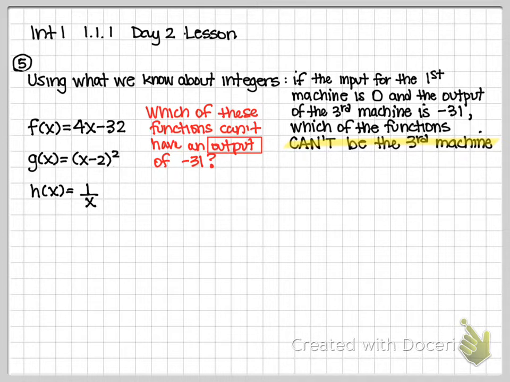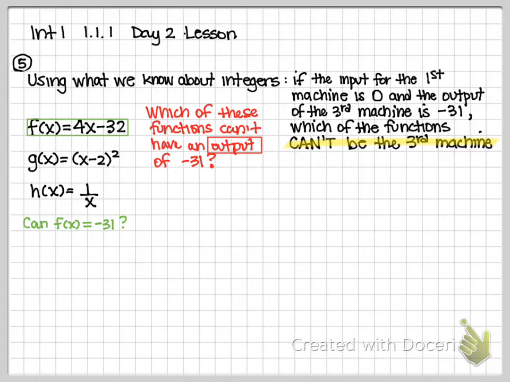So, for example, we'll take a look at the first one, just to get our brains in the right spot. If I take a look at f of x, I'm going to color code that guy green, and then I'll color code all of its work with green also. What I'm trying to determine is, can f of x be equal to negative 31?